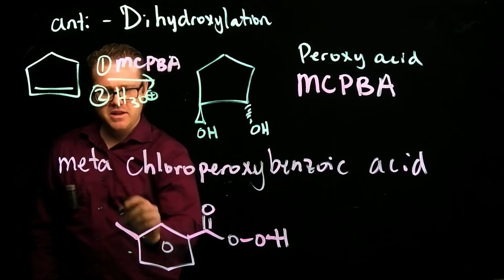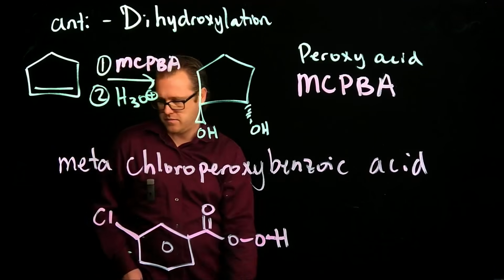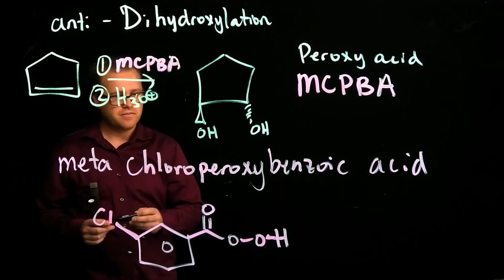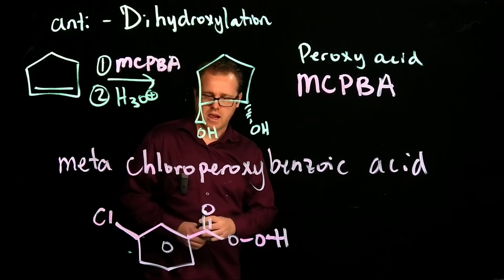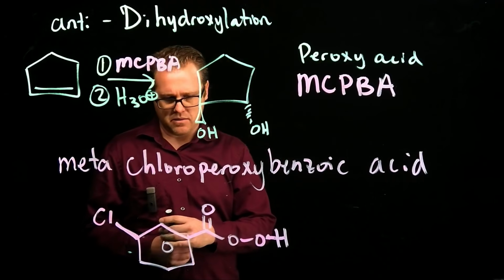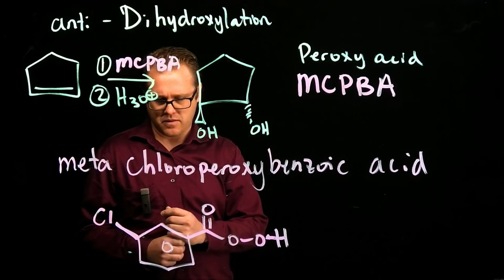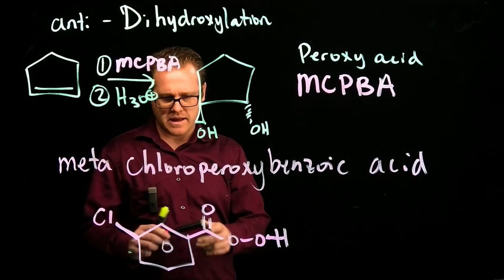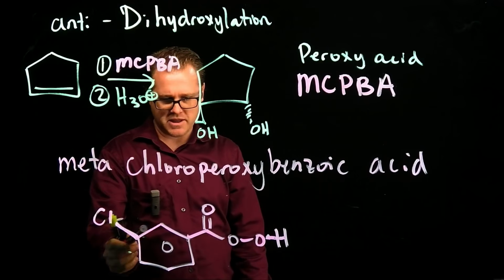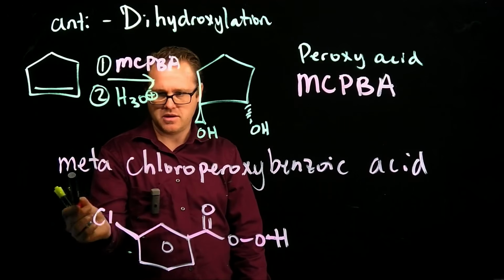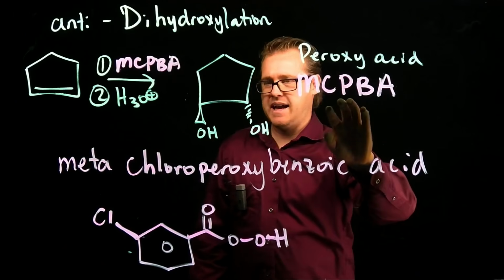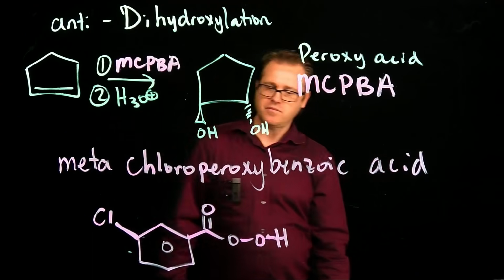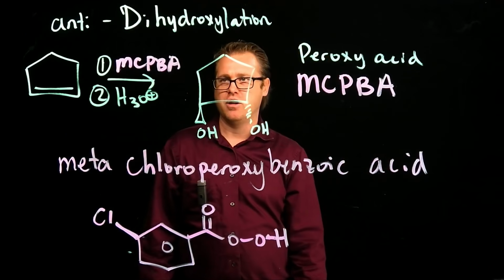Now what's on the meta position? A chlorine. Just like that. So that's the ortho position, meta position, para position. So metachloro. Perfect. So that's a very common peroxy acid that you use to make this transformation occur.